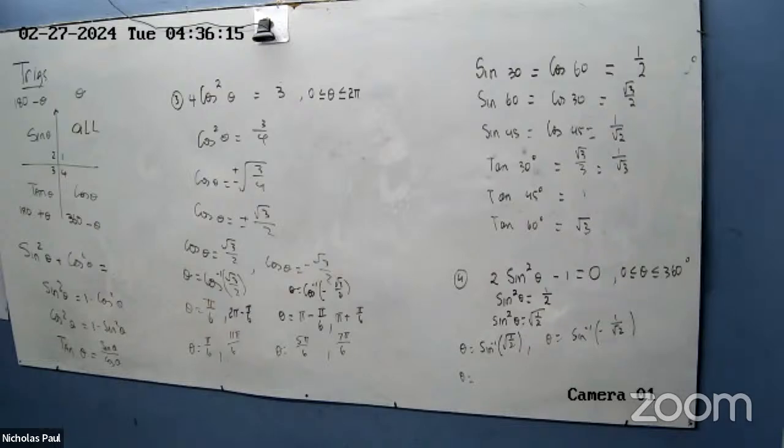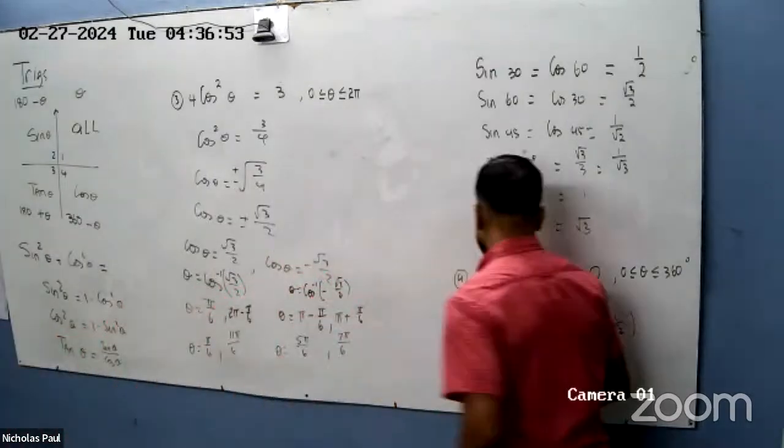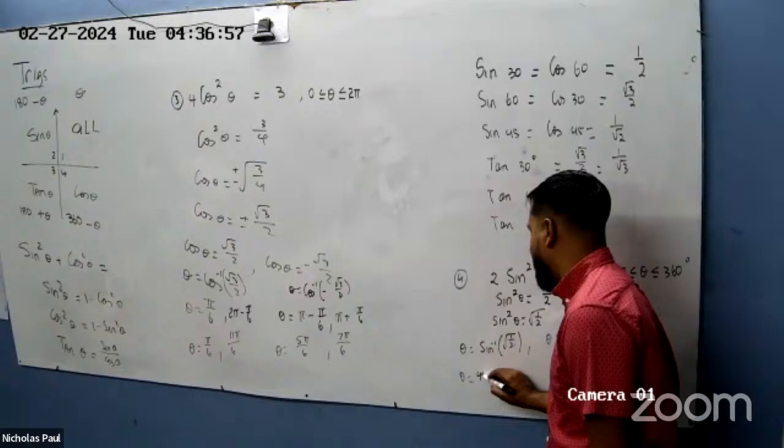So get 4 answers, right? So sine inverse 1 on root 2, that'll be 45.